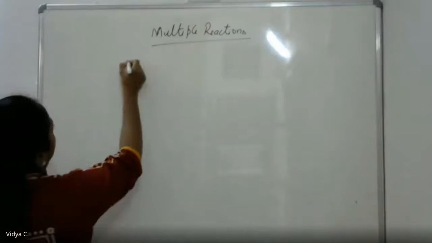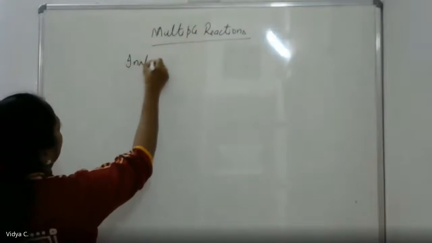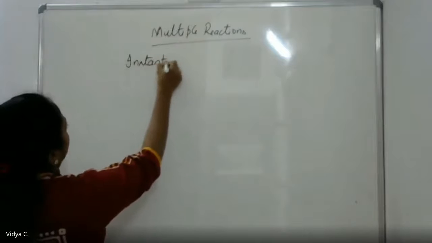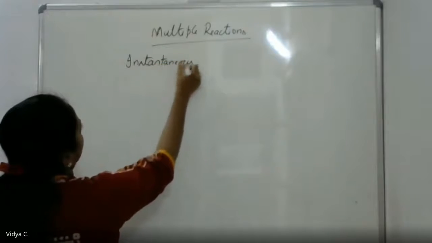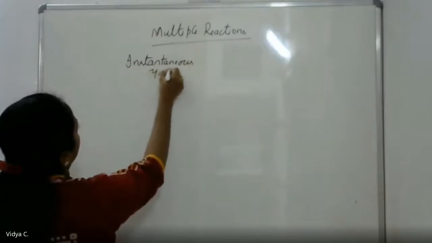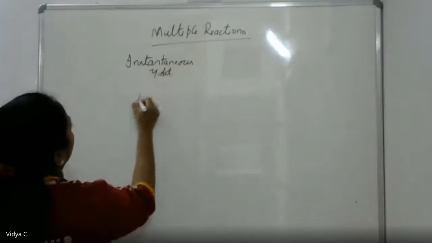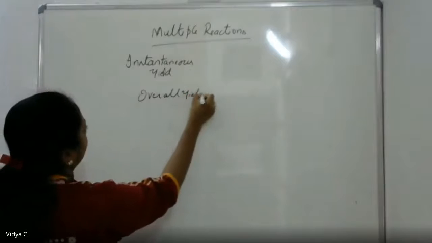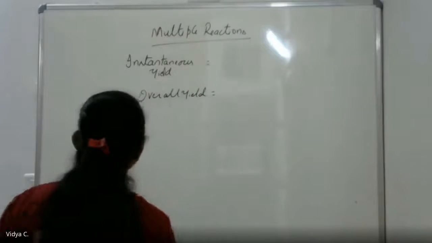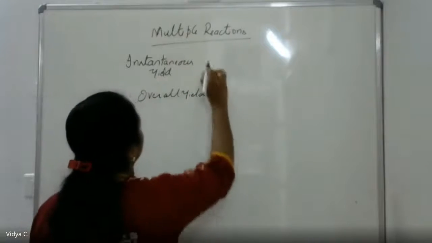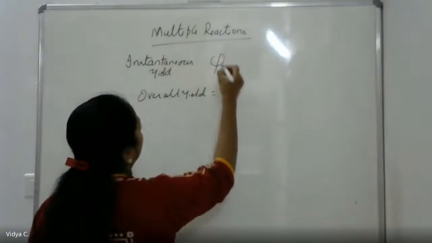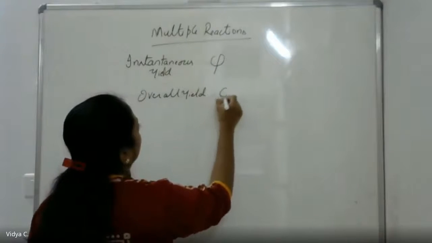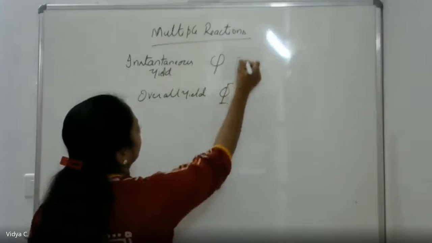So what is this instantaneous yield? Instantaneous yield and overall yield. The instantaneous yield is denoted by phi and the overall yield is denoted by psi.